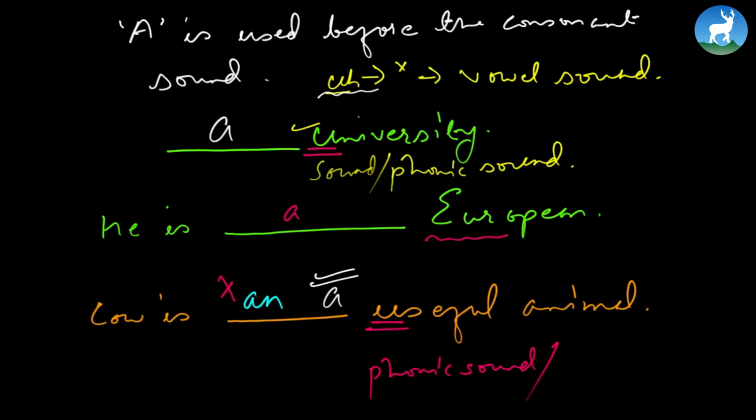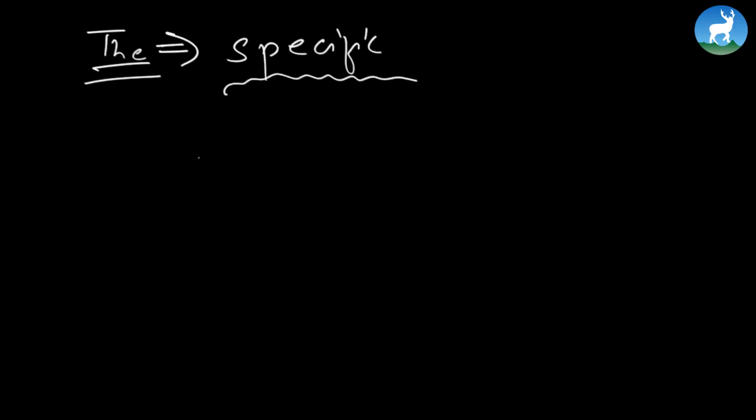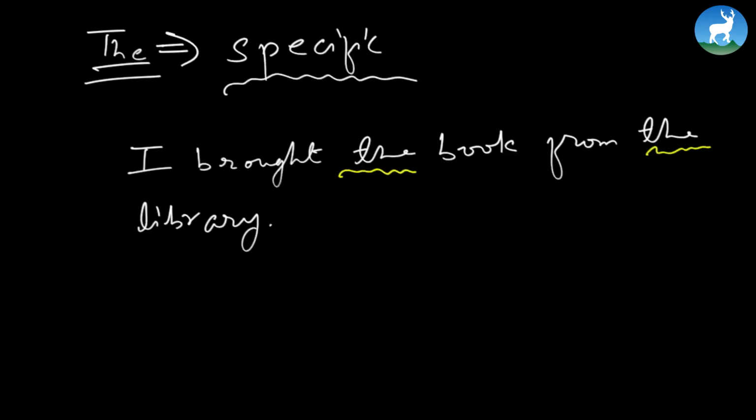So this is the concept of the article. One thing to notice again: there is one more article called the. The use of the is always when something is very specific. The person says, I brought the book from the library. That means the person to whom this is being said knows what kind of book the first person is talking about.